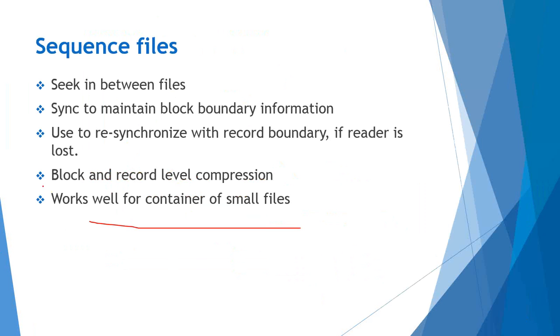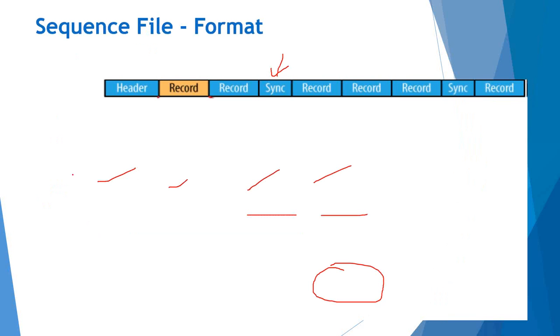So we can achieve both block and record level compression. And what these sync pointers help with is, if somehow while reading the data my pointer is lost, I can resync and quickly reach a record boundary. If you recall your childhood days, you would be playing your music on those tape recorders, pressing forward and rewind to reach some particular song.